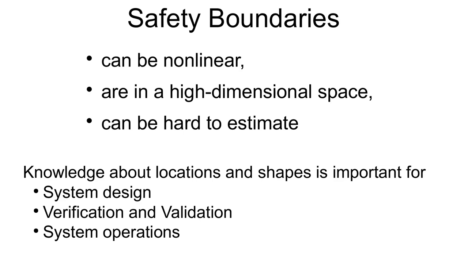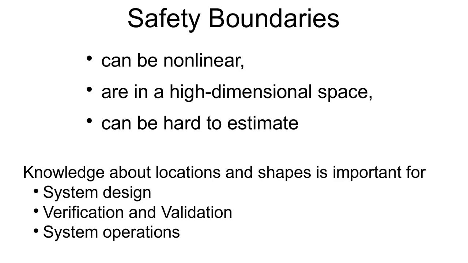Yet these safety boundaries are very important for a number of reasons, and knowledge about the locations and shapes of the safety boundaries is important for system design, which means the designer needs to know whether the current configuration of the aircraft, in this example, is flying safely in the intended areas of altitude and speed.